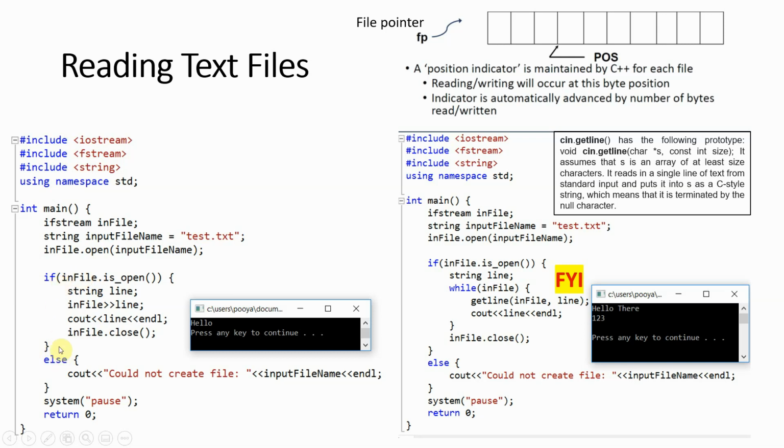Again, we have to check whether this operation was successful or not. If it was successful, this open member function is going to return true. We're going to read one string at a time.